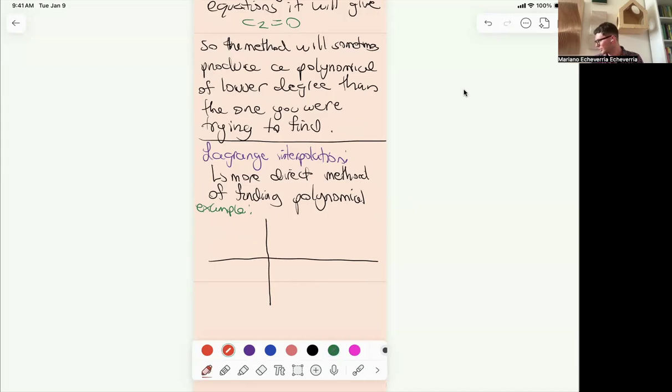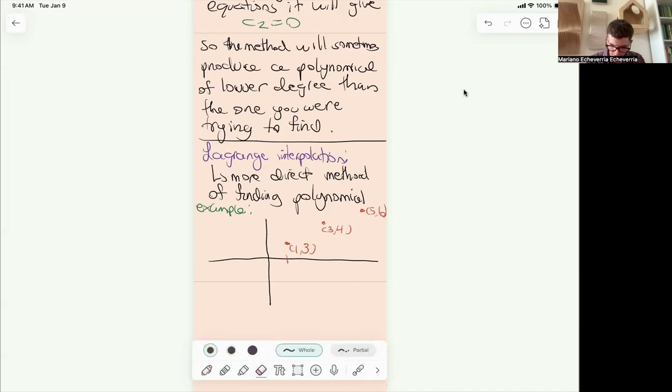Let's say that the points were (1, 3), then (3, 4) maybe, and then (5, 6).